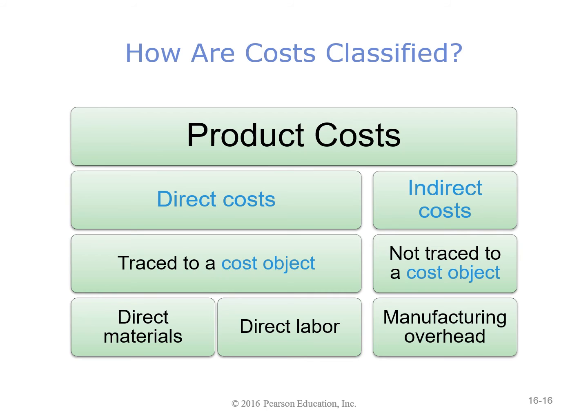So here we are estimating the manufacturing overhead. We can know the total at the end of the year, but for each product, for each job cost, as we are going to be introduced later, we have to estimate that cost, because we cannot trace it to the cost object in an economically feasible way.